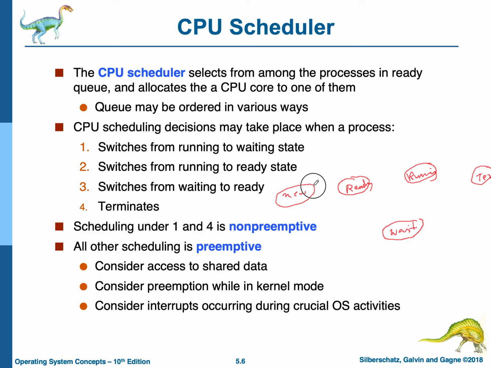So new to ready, ready to running, running to ready, running to wait, and wait to ready. The system goes to the wait state because of an I/O burst, and when it finishes, it is terminated.